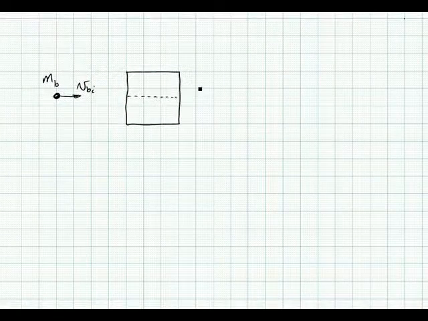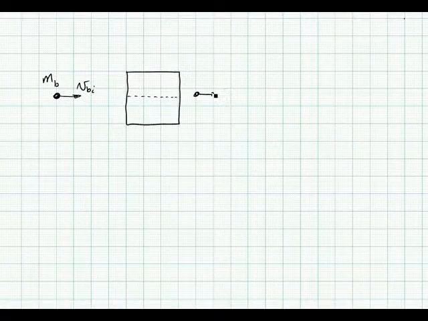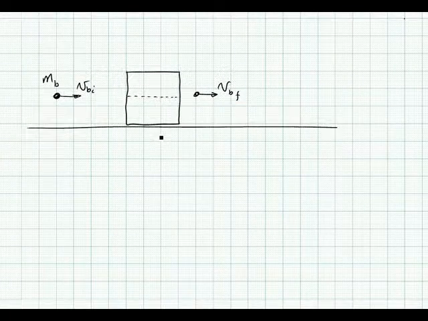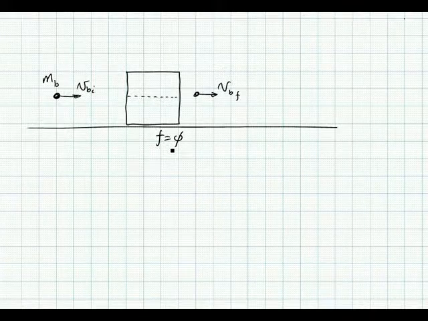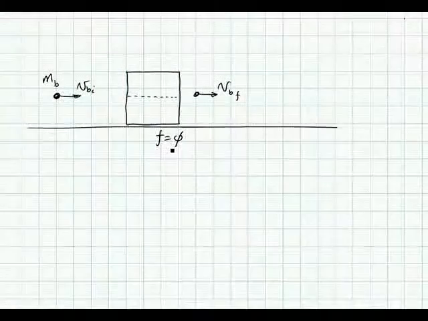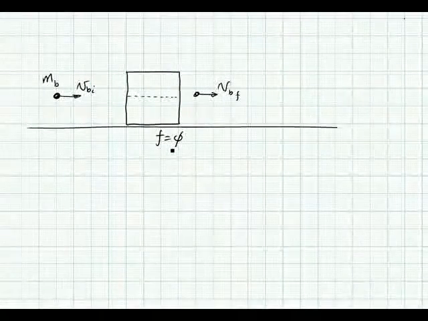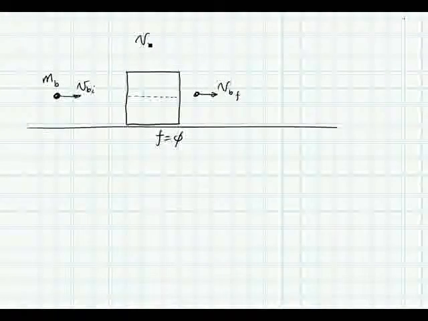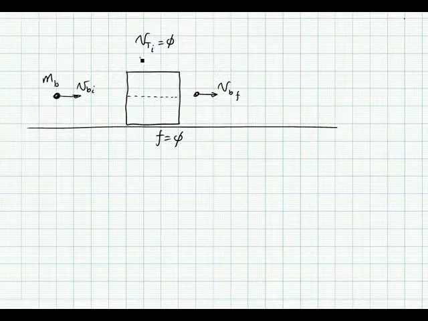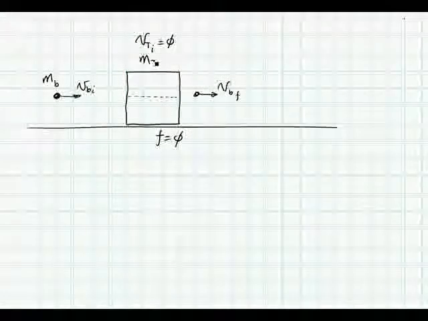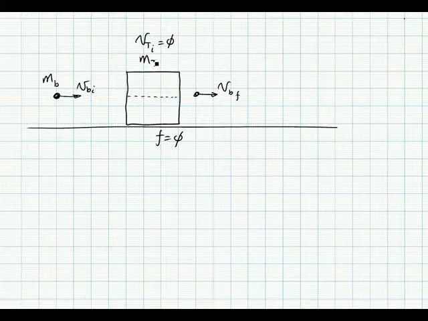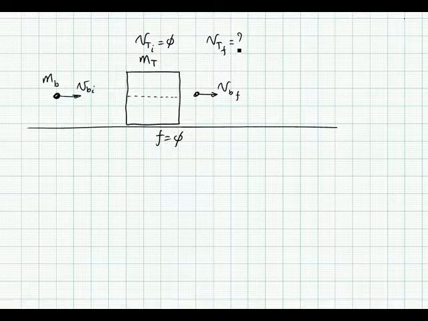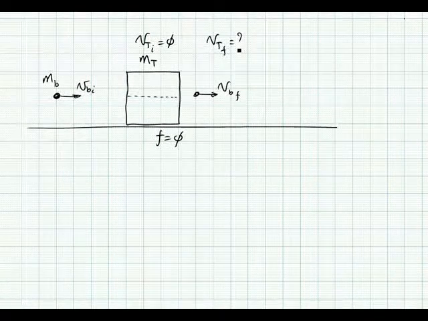It penetrates through the target and emerges with some velocity bullet final. The target is on a frictionless surface. That's good. That means the impulse is zero, so we can use conservation of momentum theorem. And velocity of target initial is zero, and we know the mass of the target, and we are interested in finding out what the velocity of the target final is.